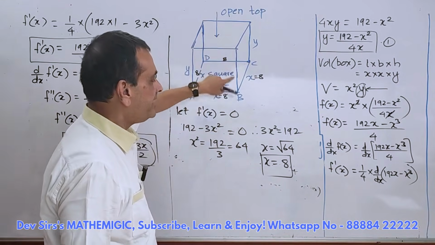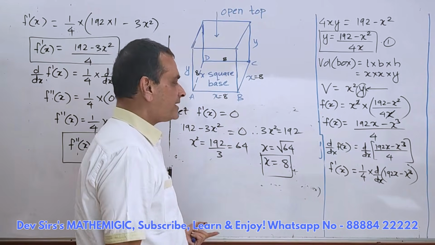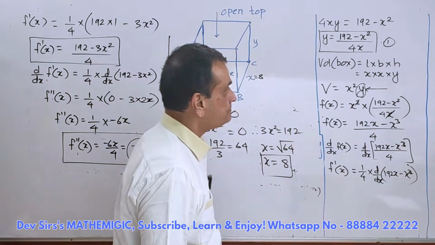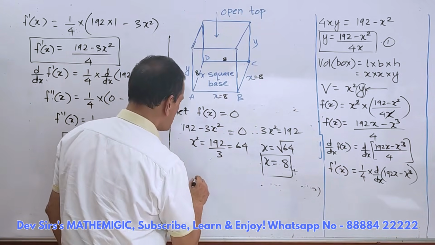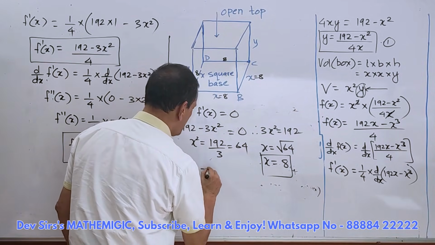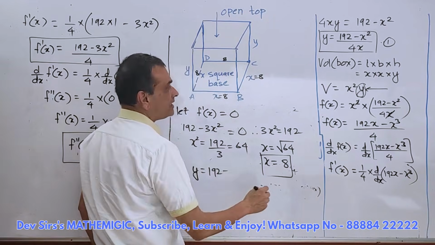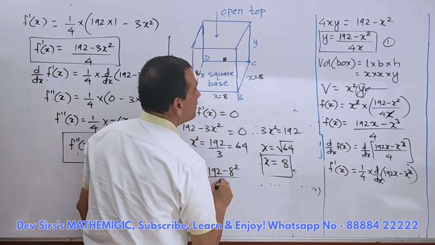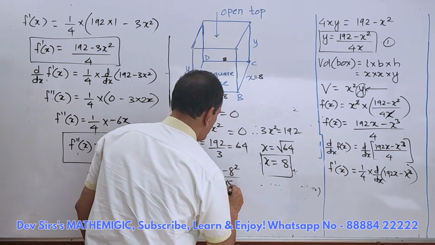Now find out the height. Height is y. How will you find the height? Substitute this value in equation 1. So y is equal to 192 minus 8 squared upon 4 into 8.